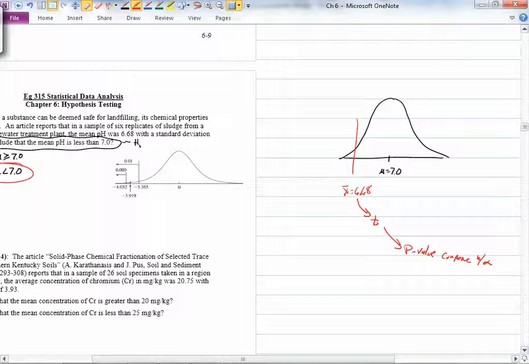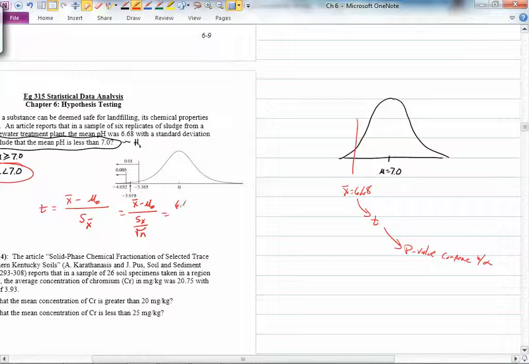So T. T equals X bar minus mu naught over Sx over the square root of n.